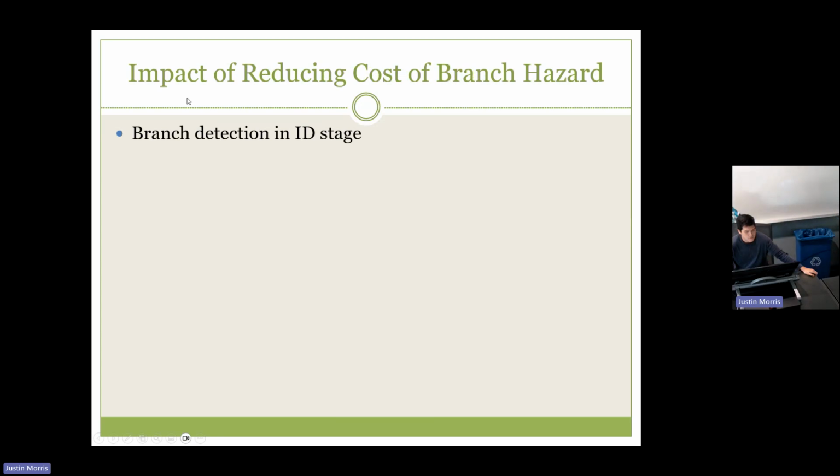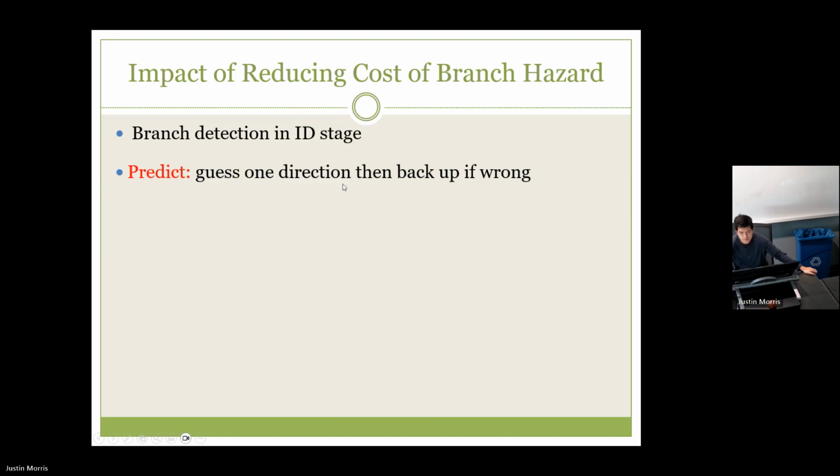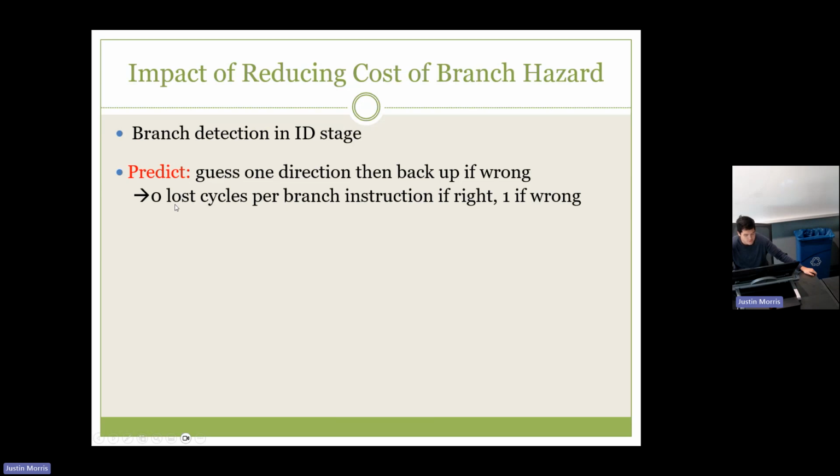Right, so the impact of reducing the cost of a branch hazard. So branch detection, we move to the instruction decode stage, right? When we predict, we're going to guess one direction. And then if we are wrong, we need to flush the incorrectly fetched instruction. So if we have the correct instruction though, we lost 0 cycles.